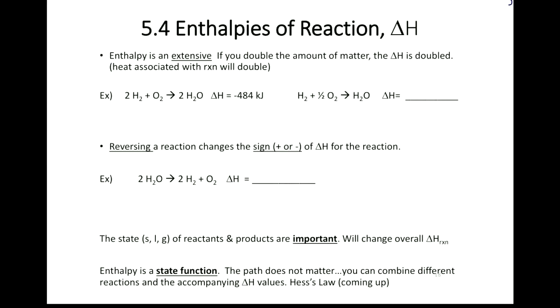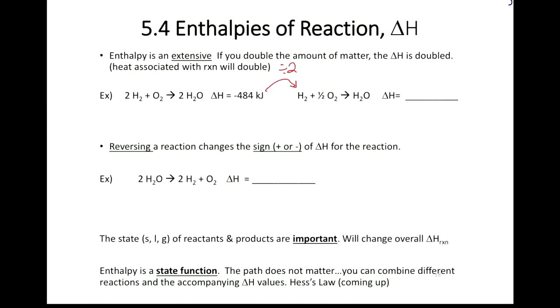So the idea here, we already looked at this chemical reaction: 2 moles of hydrogen plus 1 mole of oxygen gives us 2 moles of water. 484 kilojoules of heat is given off by this reaction. So if we cut this reaction in half, all right, if we look at these 2 reactions, see how I just divided it by 2, how will the enthalpy change?